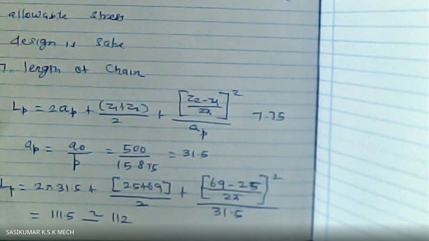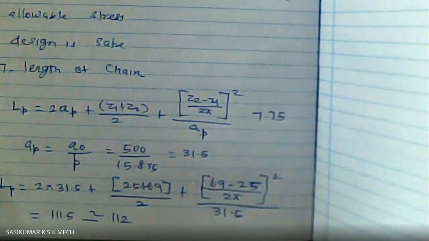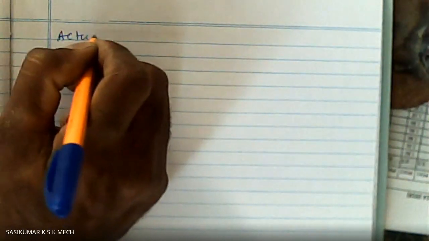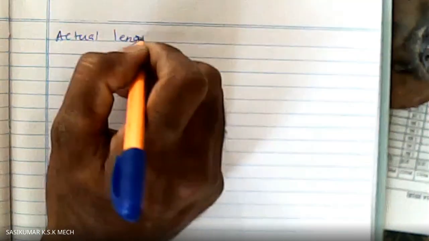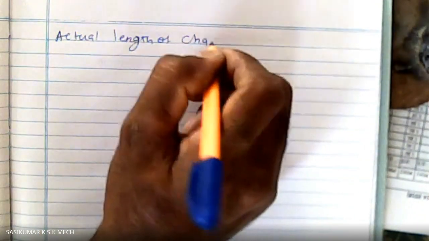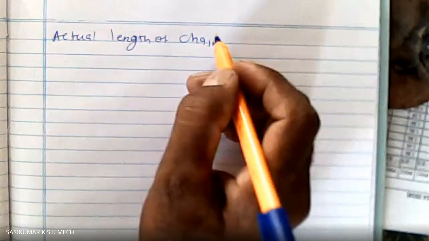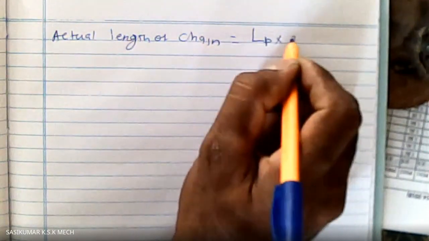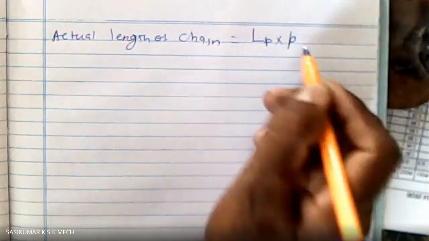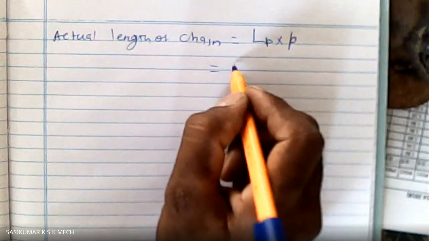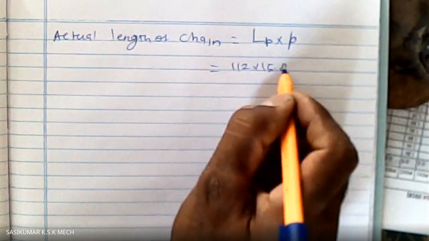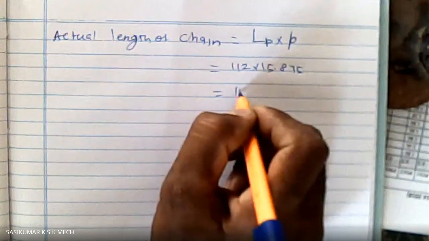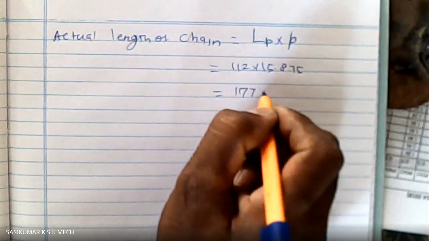The total length of chain is simply LP into pitch. So the actual length of chain is LP into P. Here LP is 112 into 15.875, so that is coming as 1778 mm.